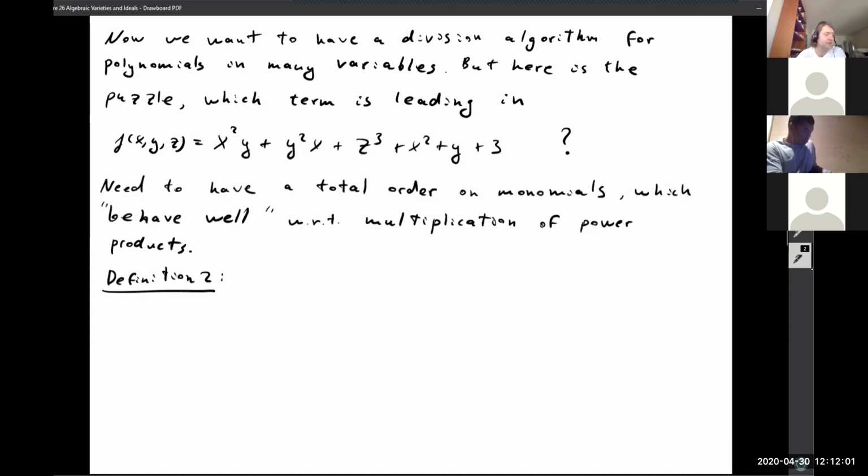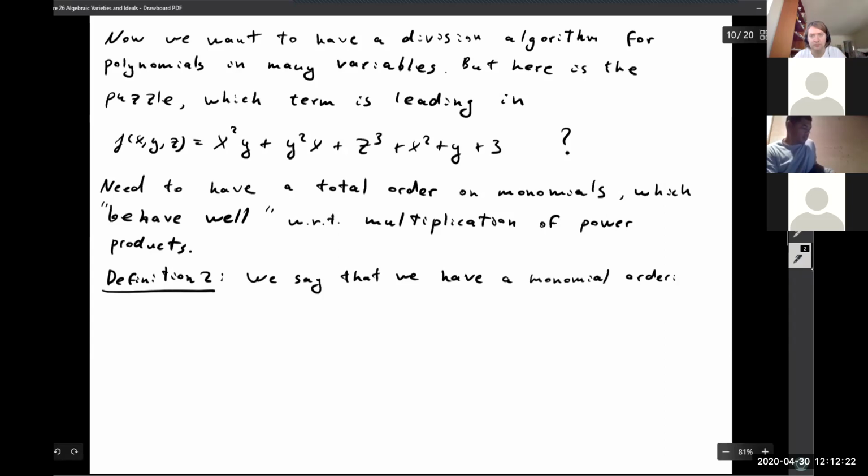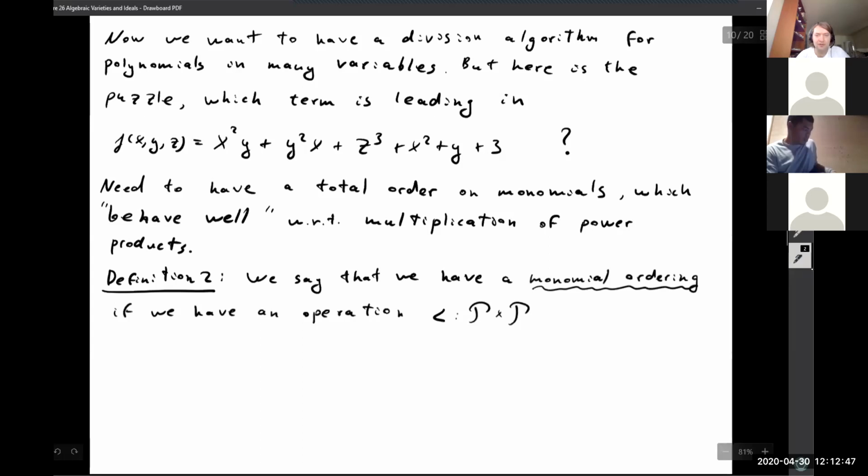So we say that we have a monomial ordering if we have an operation, let's say less, from the set of power products cross power products to true false, which compares the two power products, satisfying the following 4 conditions.